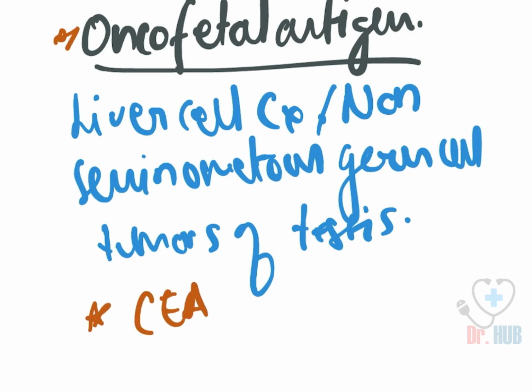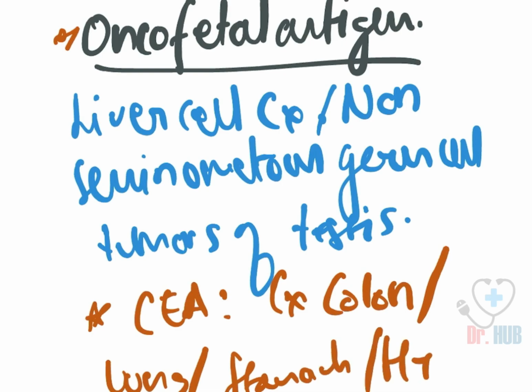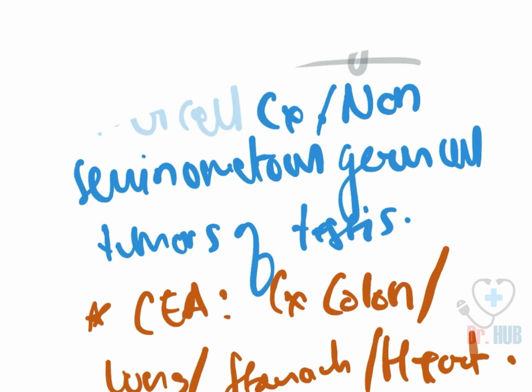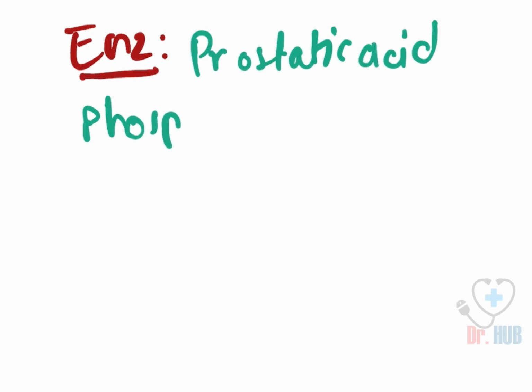Next, we look at the CEA, that is the carcinoembryonic antigen. This is seen in case of the carcinoma of the colon, the lung, the stomach, as well as the heart. So now moving ahead, we look at the enzymes. Under the enzymes, firstly we focus on the prostatic acid phosphatase.